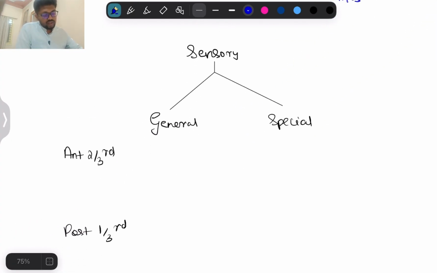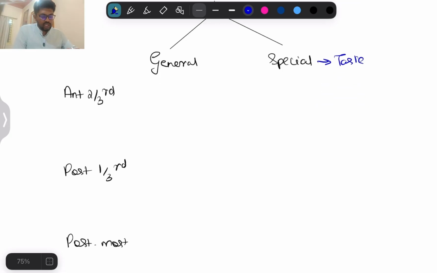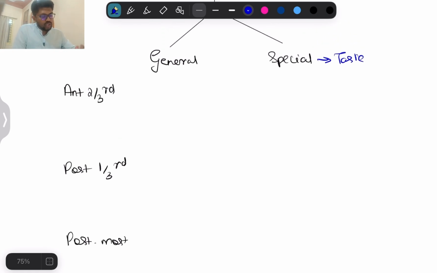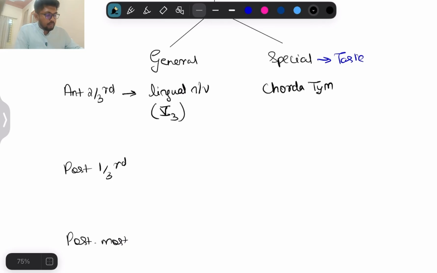Now the sensory innervation of the tongue we will divide into two parts: general sensation and special sensation, that is, taste sensation. We'll divide this into three parts: anterior 2/3, posterior 1/3 and posterior most part. General sensation to the anterior 2/3 of the tongue is supplied by the lingual nerve, a branch of the mandibular nerve, which is a branch of the trigeminal nerve. Special sensation to the anterior 2/3 is by the chorda tympani nerve, a branch of the facial nerve.